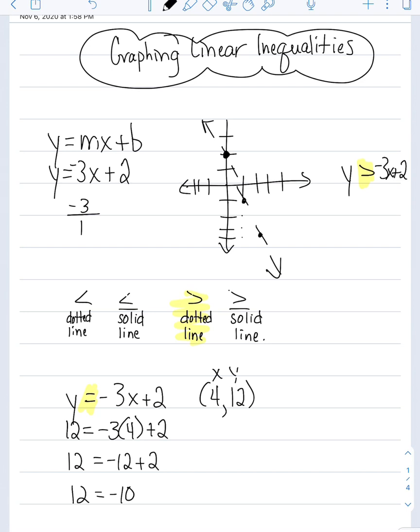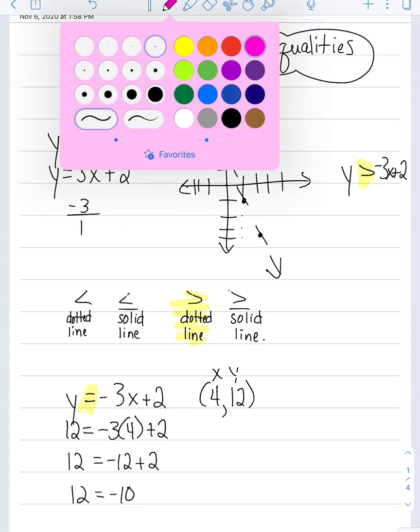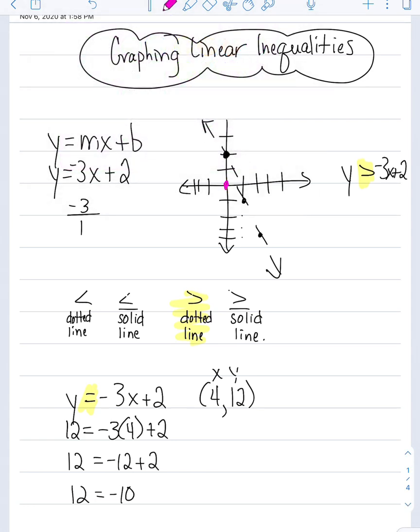Me personally, I always start with (0, 0) if it is clearly on one side of the line. Here, (0, 0) is clearly to the left of this line. So my test point is going to be (0, 0). That's the origin. That's just my go-to. You can use any point that's clearly on one side of the line.